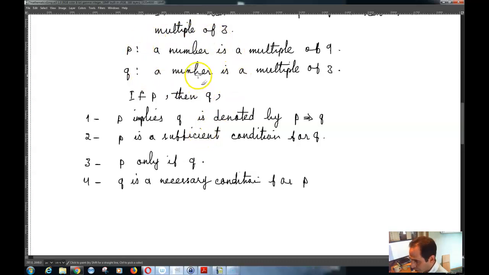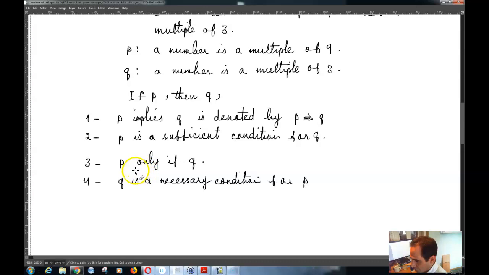In this context, if your statement P is a number is a multiple of 9 and Q is a number is a multiple of 3, then P is a sufficient condition for Q, meaning that if you know that a number is a multiple of 9, it's enough to conclude that the number is a multiple of 3.